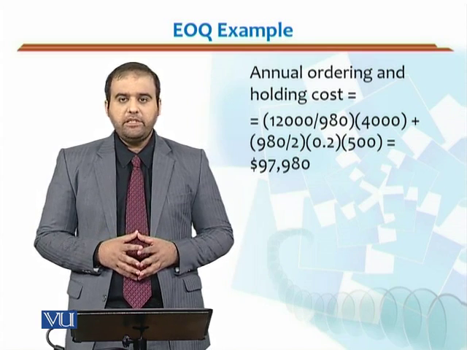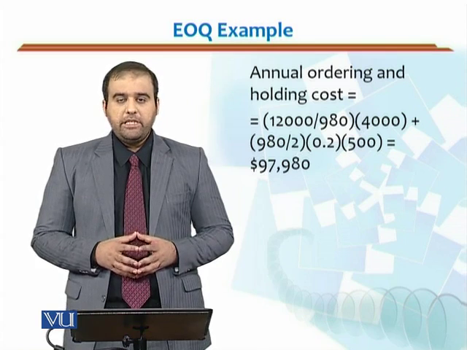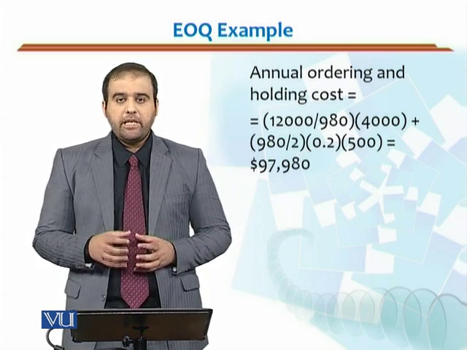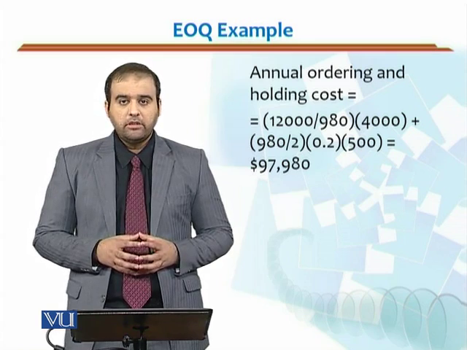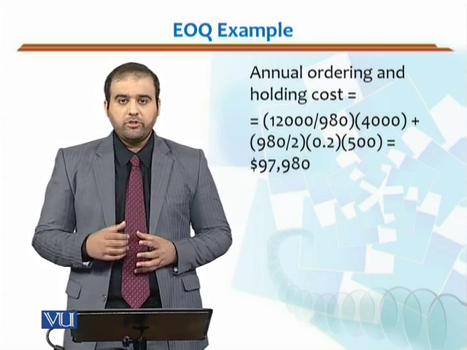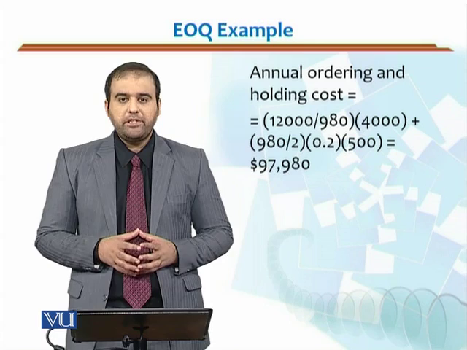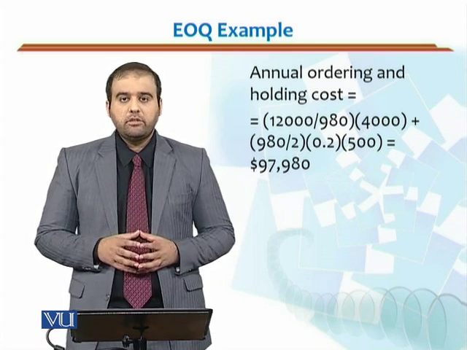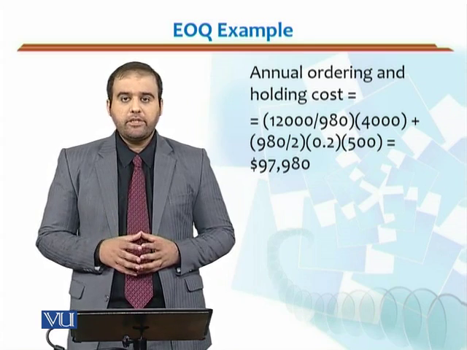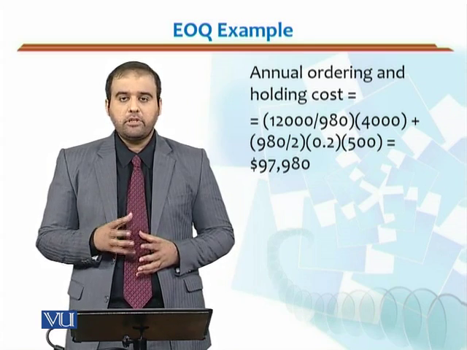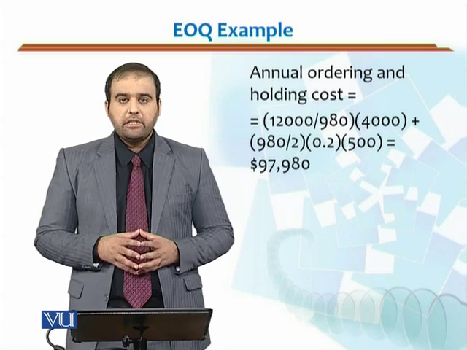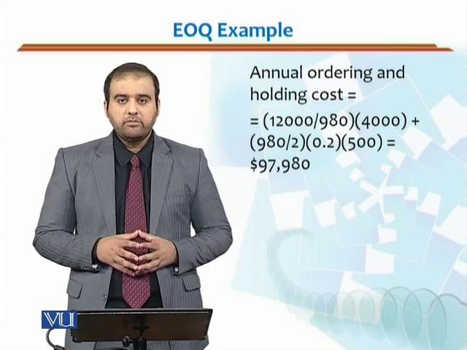That would be the total cost. Now please remember, when we say it achieves economies of scale, I assure you, if you use any other Q other than 980 for this specific data, your total cost would essentially be higher than $97,980,000. That means this will give you the minimum cost.